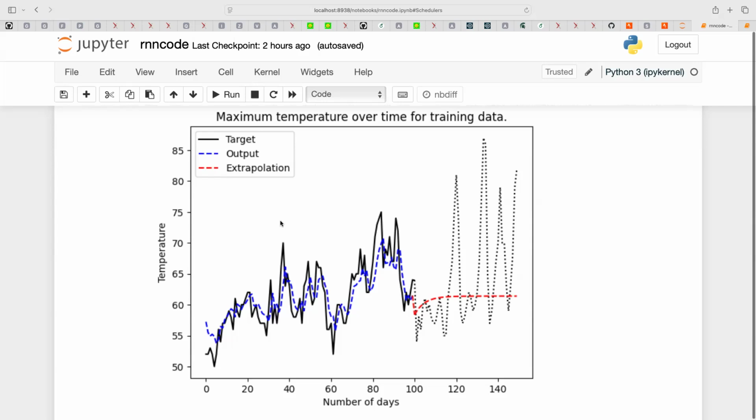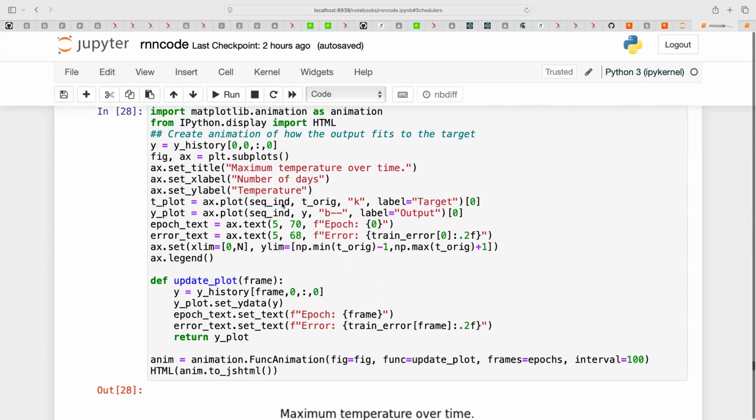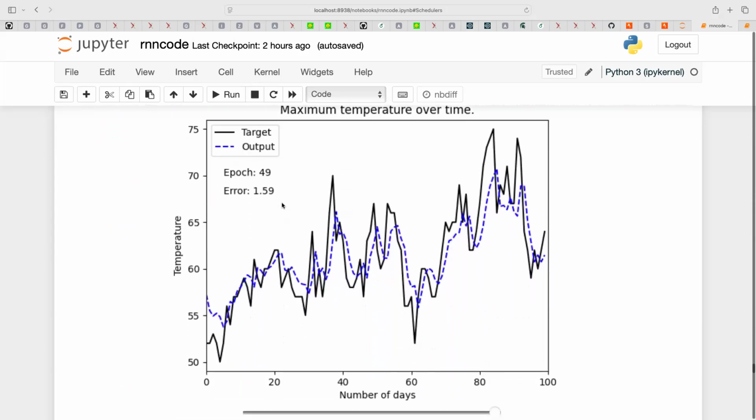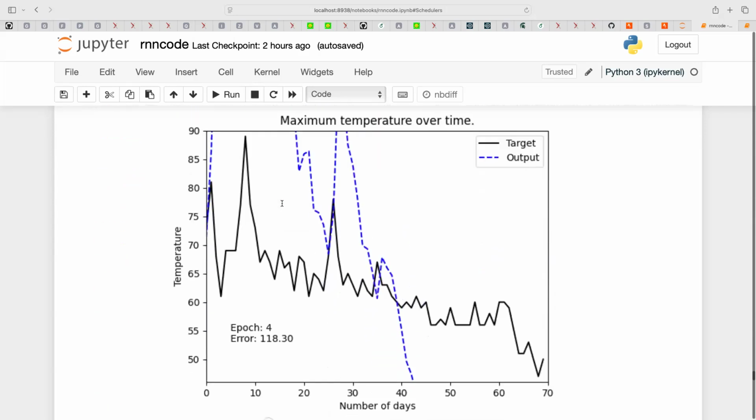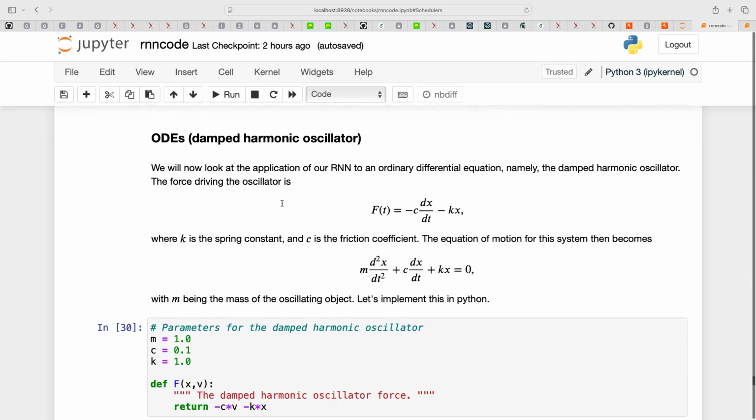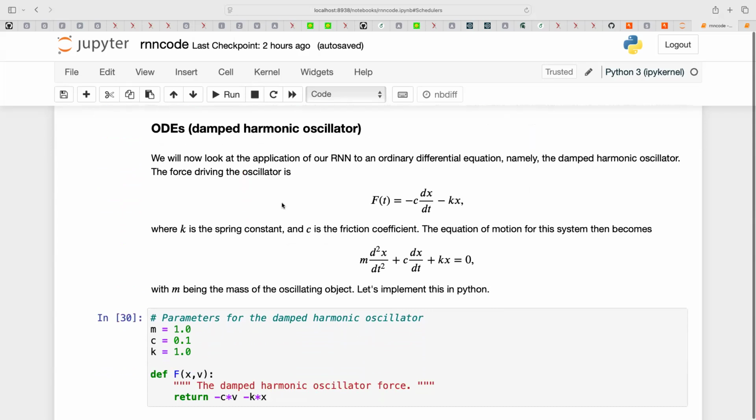Now, the case which I am typically dealing with is more the solution of differential equations. So let's just skip this one and go down to, this is just another way to display the data. This is what we discussed last week.